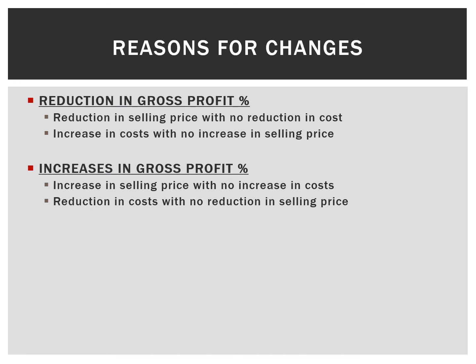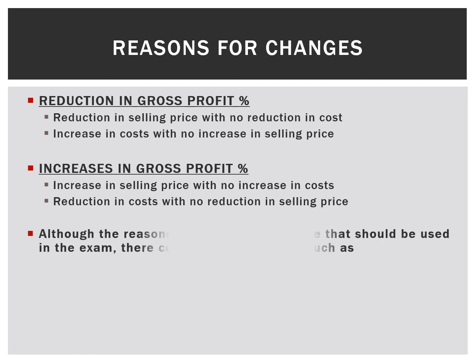However, in the real world, as I've said before, the reasons for the change could be far more complex than that, and you need to be aware of this if you're starting to look at ratio calculations in the workplace.